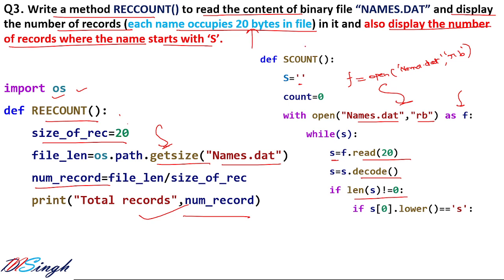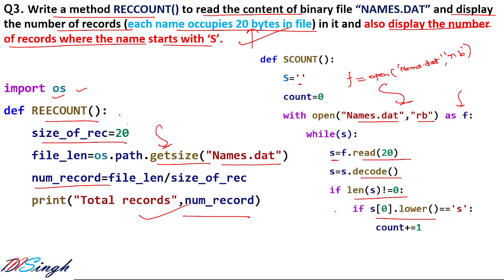Because we know the size of the record is 20 bytes. And we are assuming that the name is stored at the start itself, so we are converting it into lowercase. Lower is a string function. We index that s, and whatever value is at the first index, we compare it with s after making it lowercase. If it is the case, increment the count value, and we do it for each record inside the file.